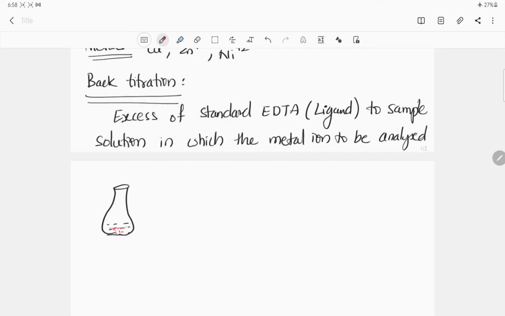So this is the sample which is having metal. Suppose let the metal be aluminium.